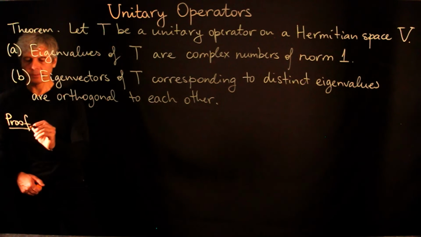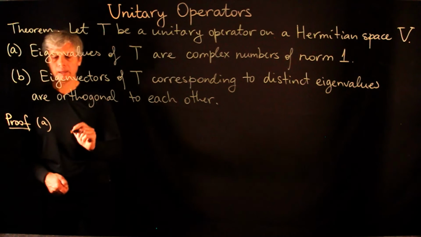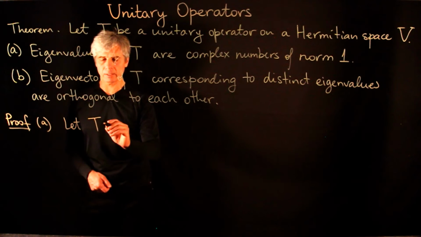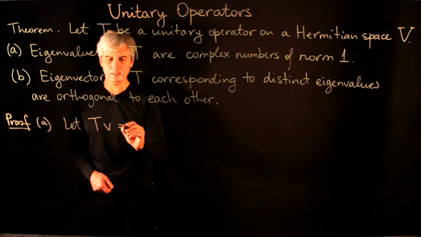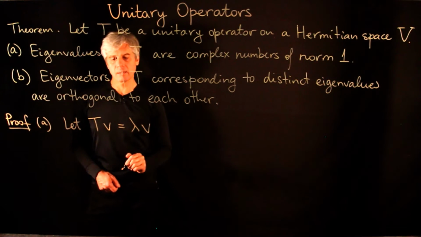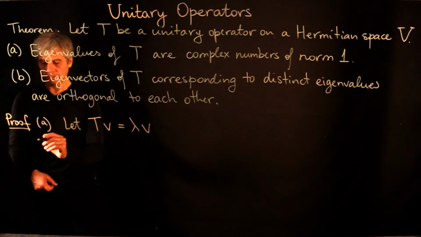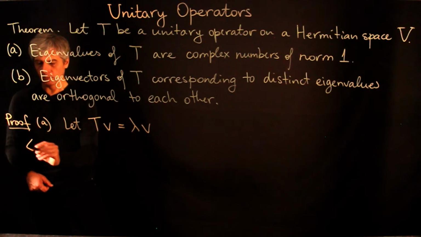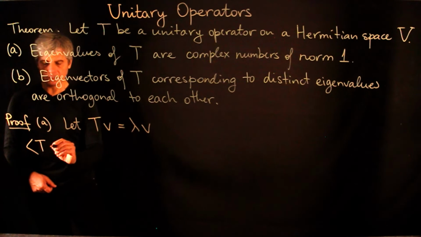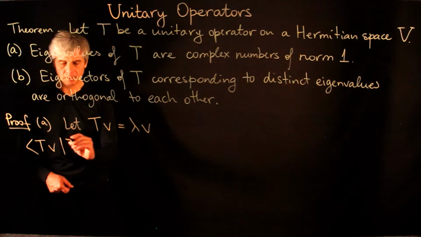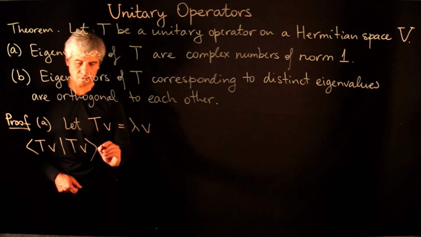We start with part A, and we say let v be the eigenvector. So Tv is equal to lambda v. Let's compute (Tv, Tv).